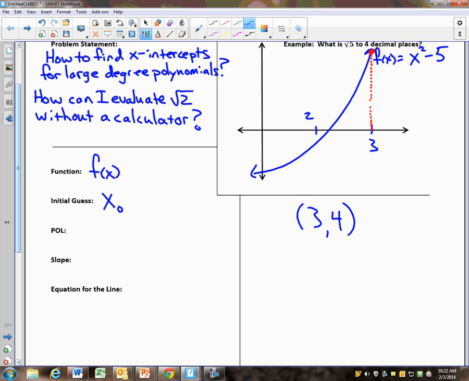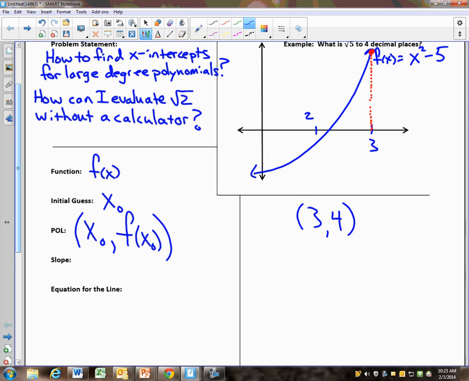If we represent that as a point on a line, that would be our initial guess, x sub 0, and then what would the y value be? f of x sub 0, yep. So that's our point on our line.